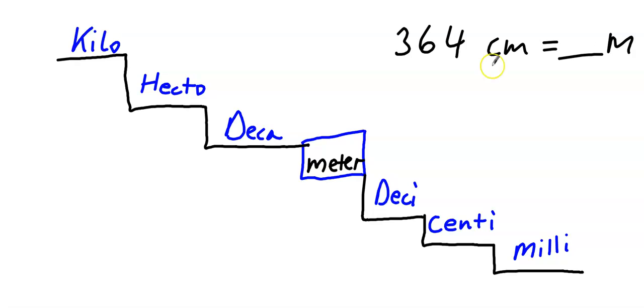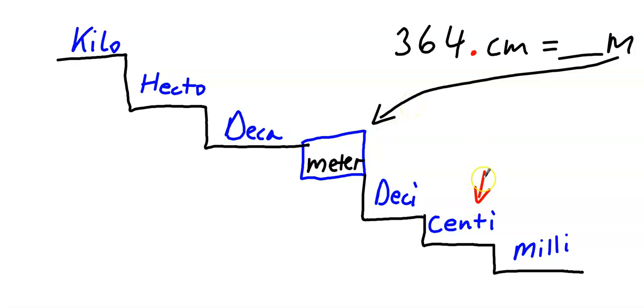So all we have to do is take a decimal place and move it the same amount of steps as the staircase tells us. So 364 has a decimal right here. It's at the end. If the decimal is nowhere to be seen, it's always at the end. So we are starting with centimeters. So I am here. And I want to go to meters. Meters is here.